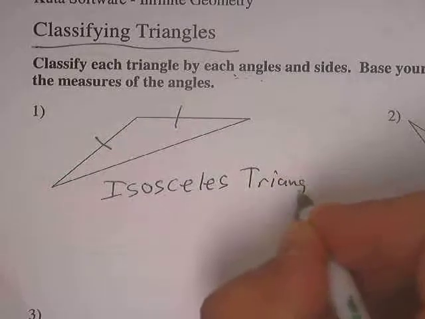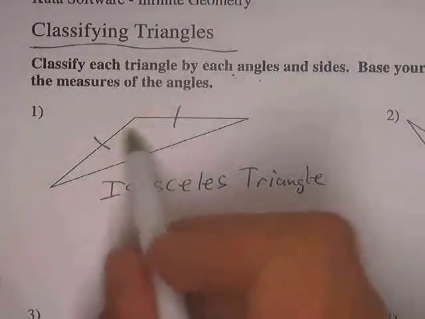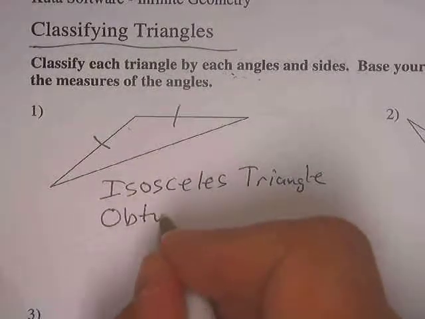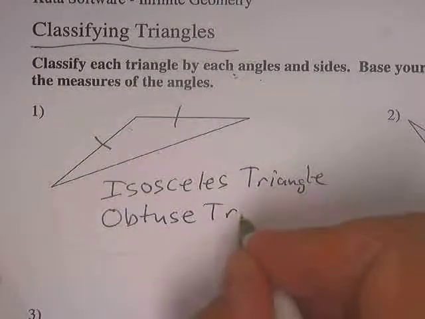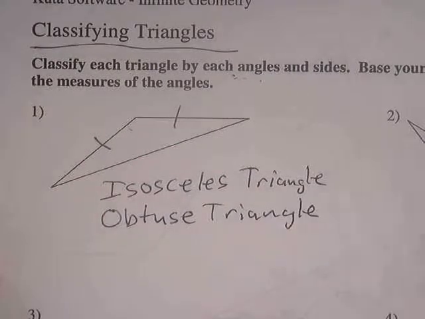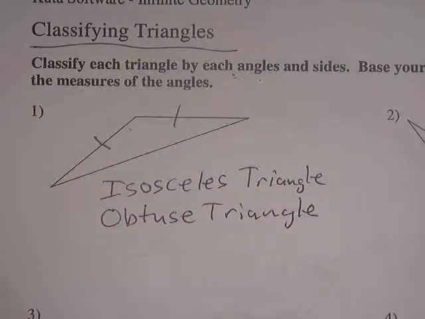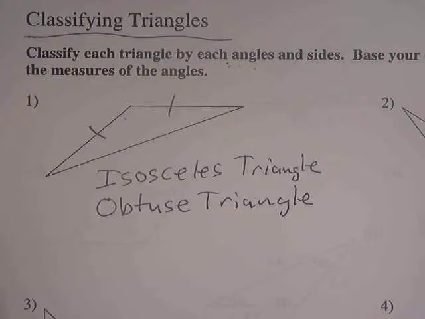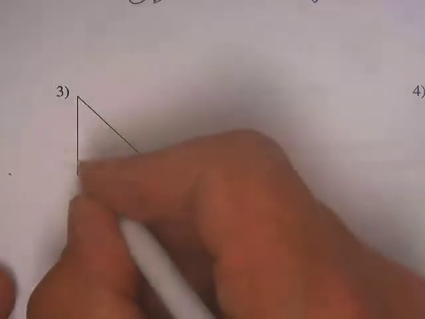So this could be called an isosceles triangle. And it also looks like this angle is greater than 90, so I could also call it an obtuse triangle. Some of these may have more than one answer.